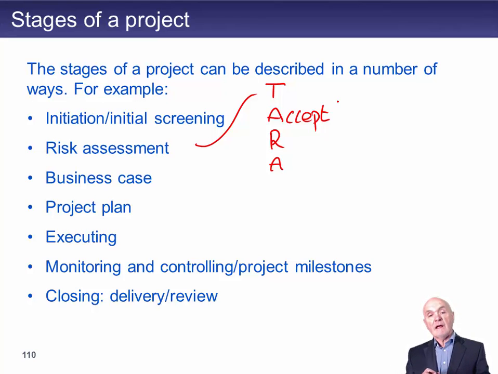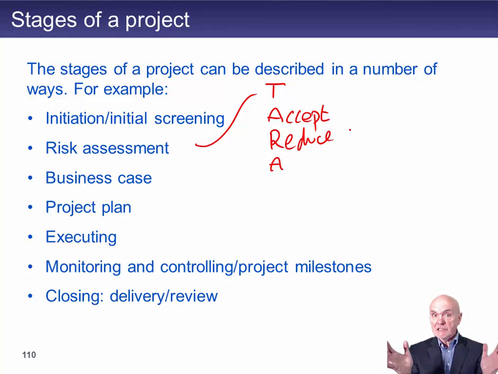The second thing that we might think of doing is to reduce the risk. So we see there's a risk, we don't like it very much, so we take steps to try to reduce it. So let's say we're putting an IT system in, and let's say we had 12 different places in our organization, let's say 12 different warehouses where we could have to computerize.